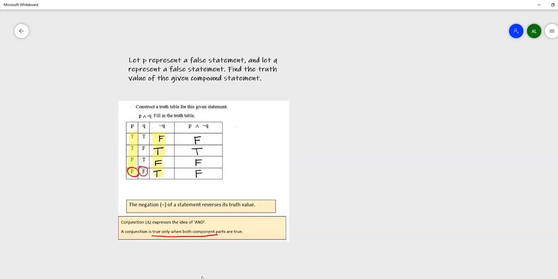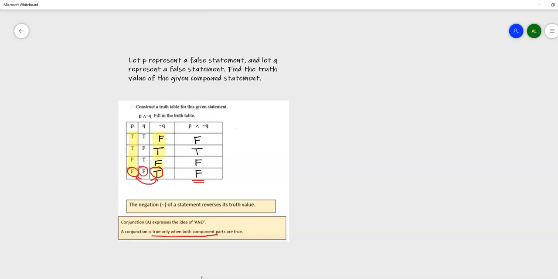And so what that means is in our truth table, when we compare P and not Q, it gave us a false statement, right?